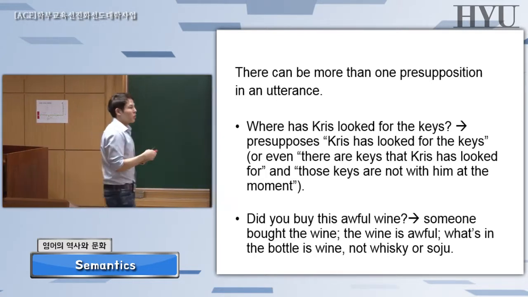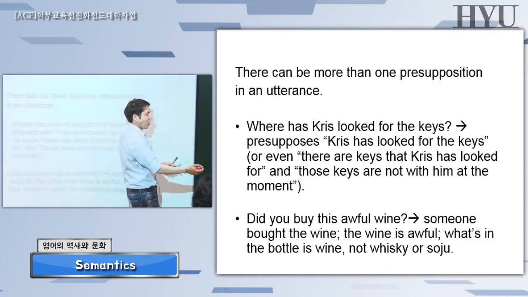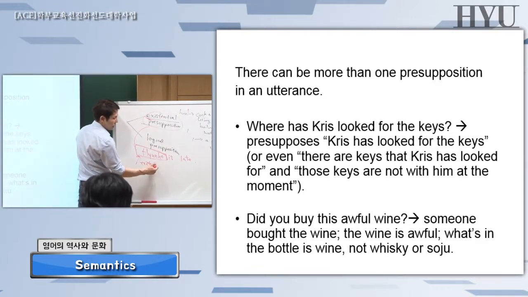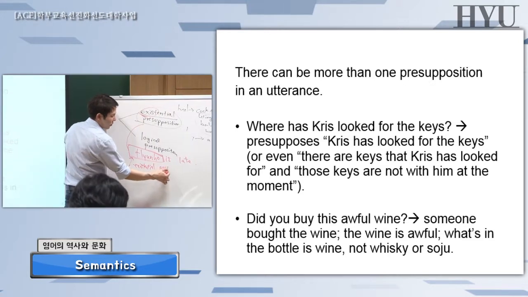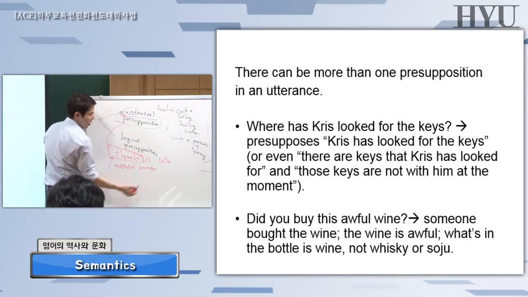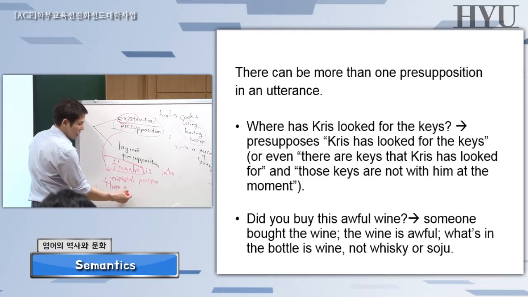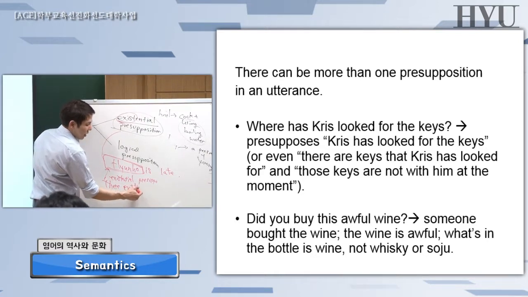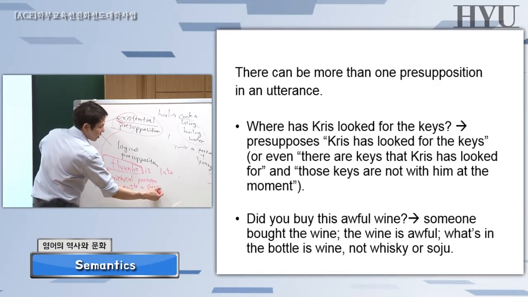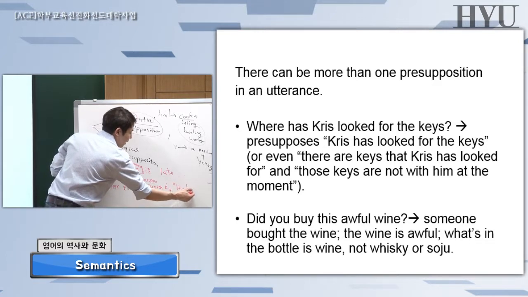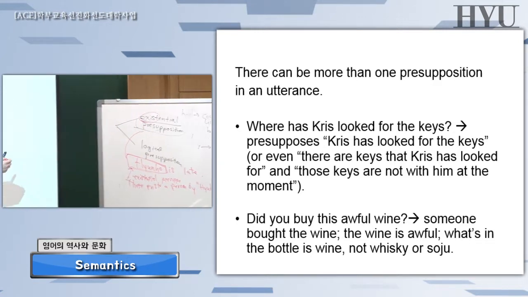So we say that this is what we call existential presupposition. So there exists a person by the name of Hyun-ho.